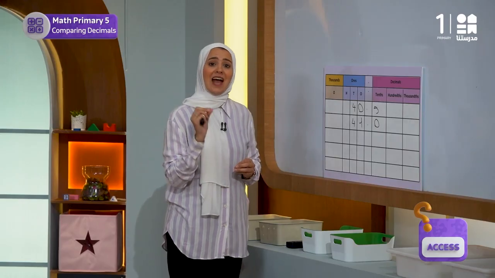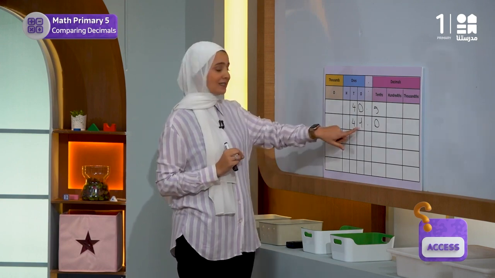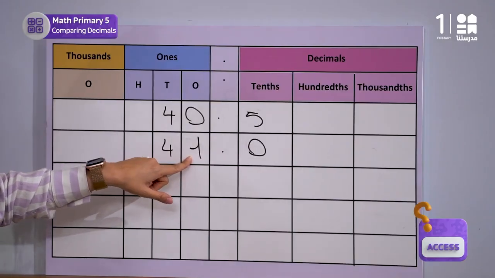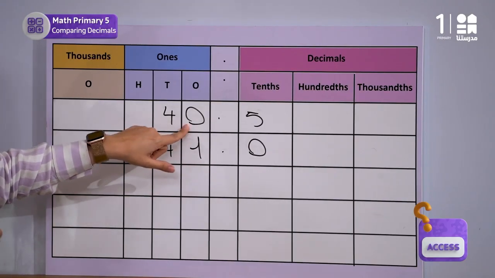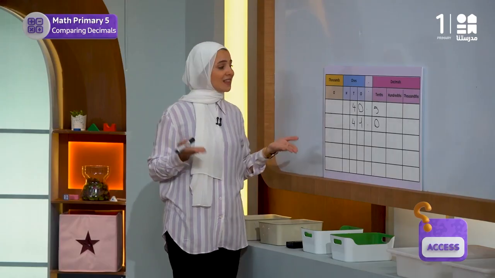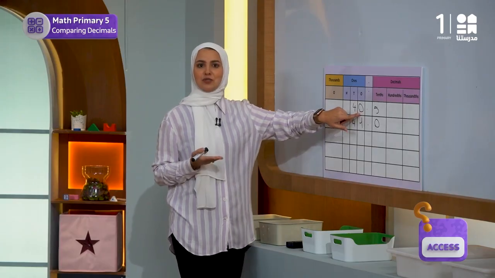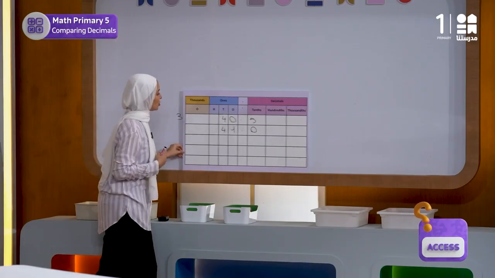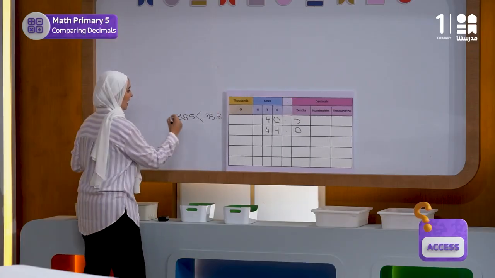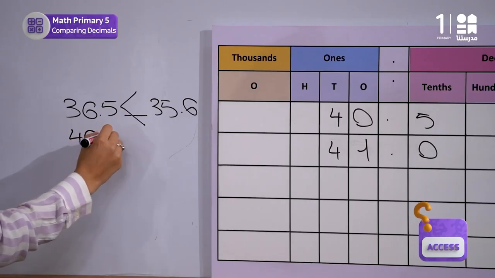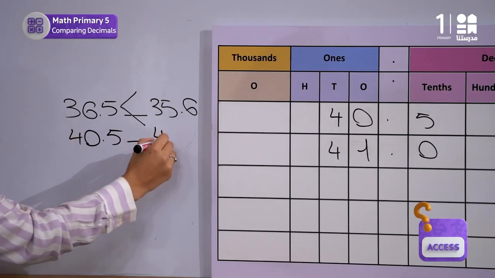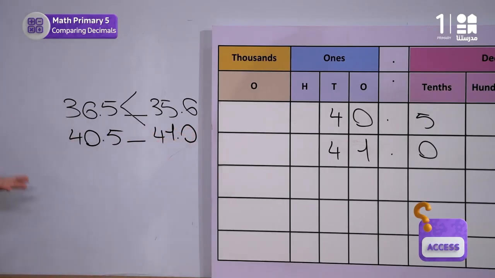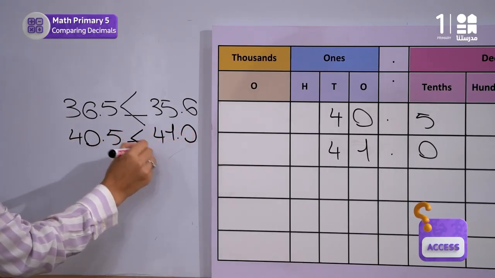The second number has 1 in the ones place, and this means it is greater than 0. What is in the ones place here? It's 0. Now let's write the 2 numbers and compare. I have 40.5 and I have 41.0. So of course 41.0 is greater.